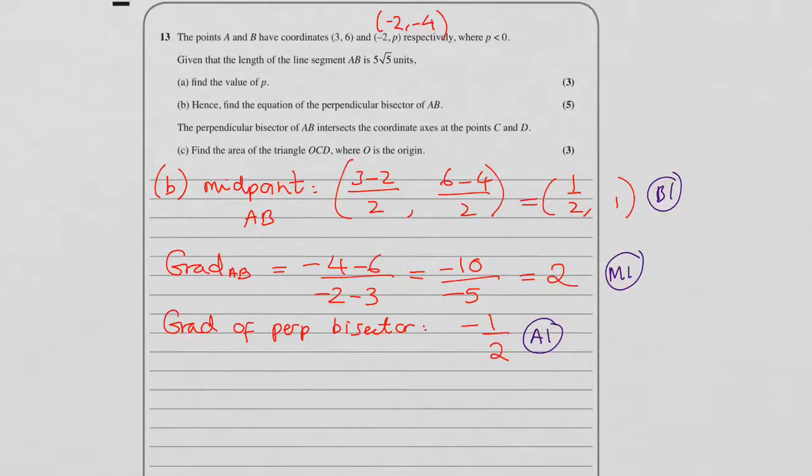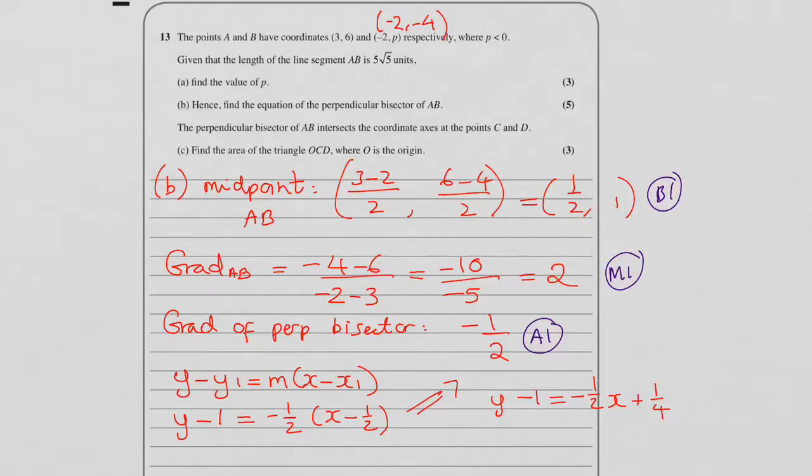Okay, and I now want the equation of it. So I've got my point, I've got my gradient. I'm going to use this one, although when I got through it I kind of realised I hadn't, but I'm going to go with it. y minus 1 equals minus a half, x minus a half, y minus 1 equals minus a half x plus a quarter, and then I just added 1 onto the other side.